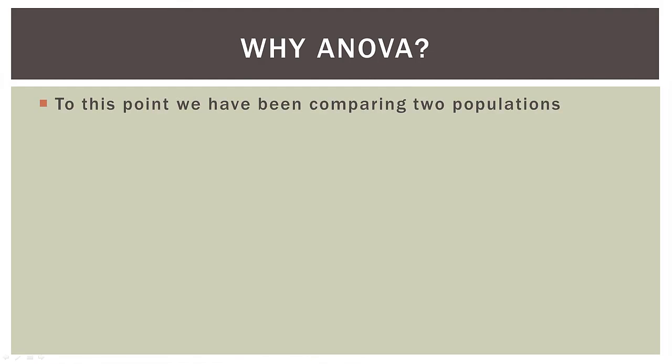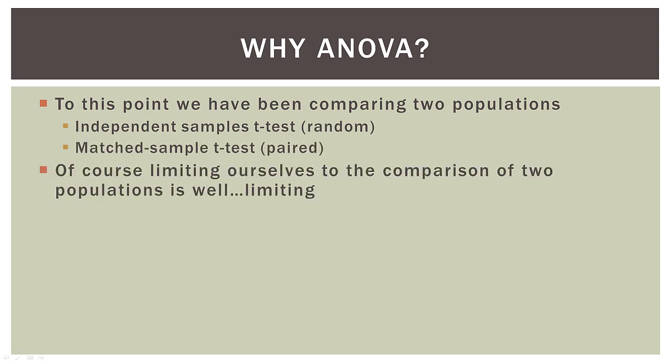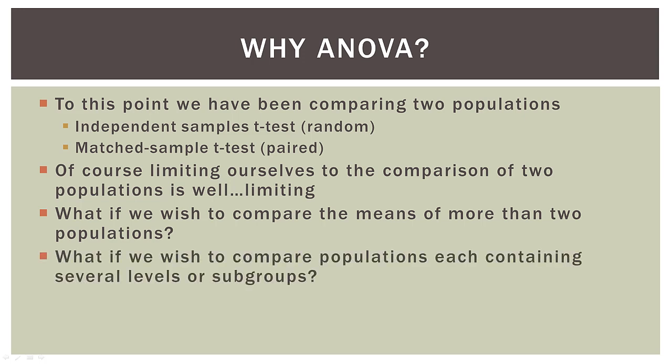So remember, up to this point, we could only do comparisons involving two populations, independent samples t-test and matched sample t-test. Limiting ourselves to those two comparisons is, of course, limiting. What if we wanted to compare the means of more than two populations, like we did in this problem? What if we wanted to compare populations each containing several levels or subgroups? So this hints at the two-way ANOVA.